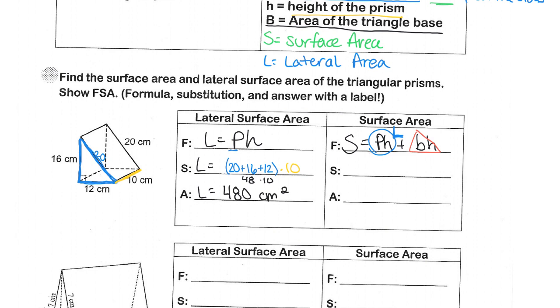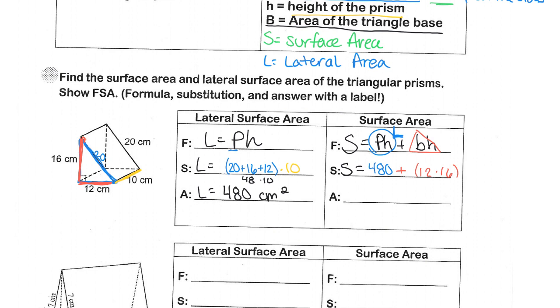Okay, so let's find our surface area, which is our lateral area, 480, plus, again, the base and the height of the triangle. The base of the triangle is 12, and the height of the triangle is 16. So we have to add 480 plus 12 times 16.